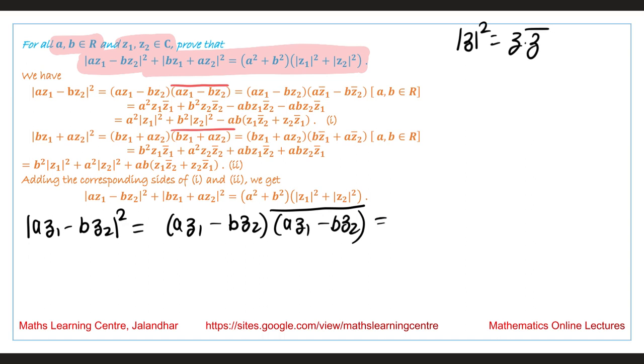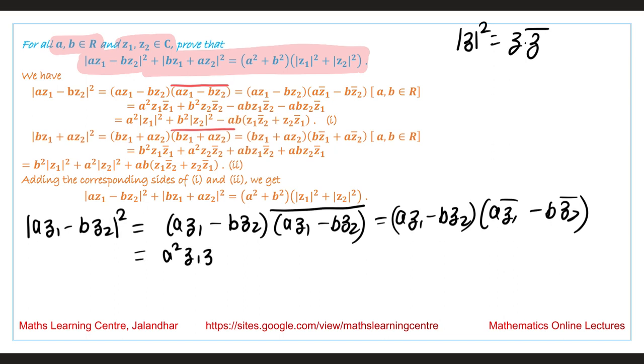So this is equal to a z1 minus b z2 into, since a and b are real numbers, a z1 bar minus b z2 bar. When we multiply these terms, we obtain a square z1 z1 bar plus b square z2 z2 bar minus ab z1 z2 bar minus ab z2 z1 bar.